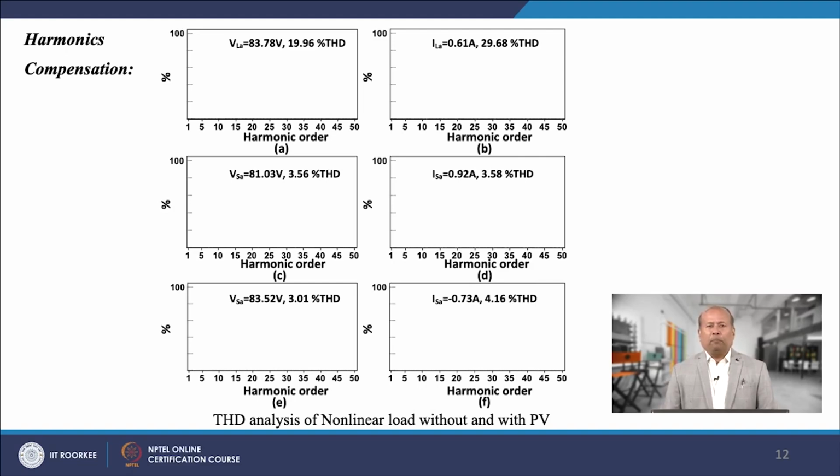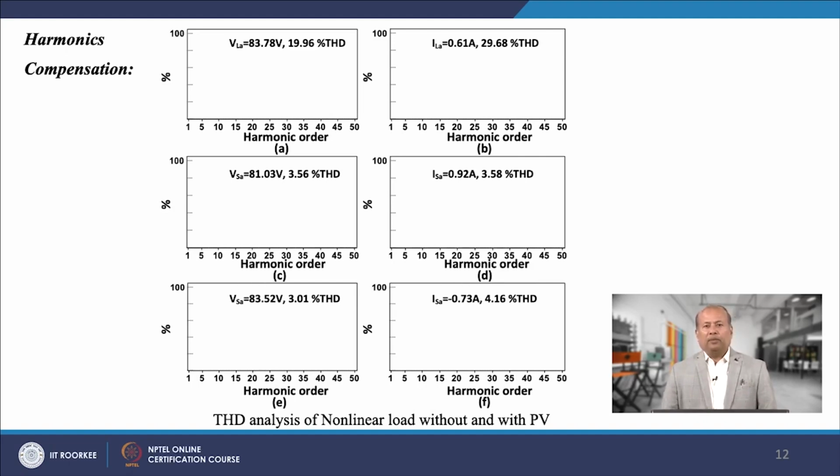This is with the compensation and without any external source at the DC link. That is, only the source is supplying power to the load as well as for the compensation. In figures E and F, for the same load condition, the external source, that is solar, is connected at the DC link and excess power is fed to the utility grid.